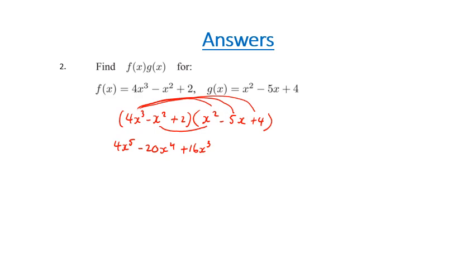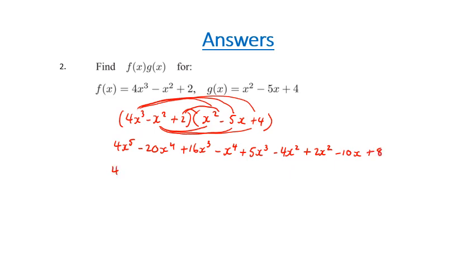I'm then going to multiply my middle term in my first function by every term after that. So this will become negative x to the power of 4, positive 5x to the power of 3, negative 4x squared. Then my last term, I've got 2x squared, take 10x, and my last one will be plus 8. I then collect the like terms.